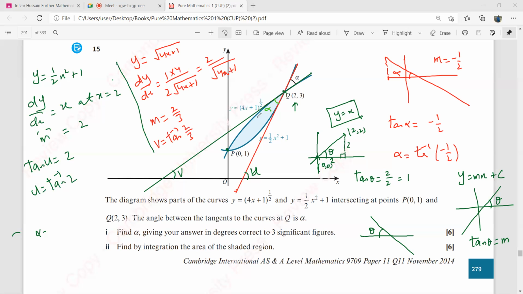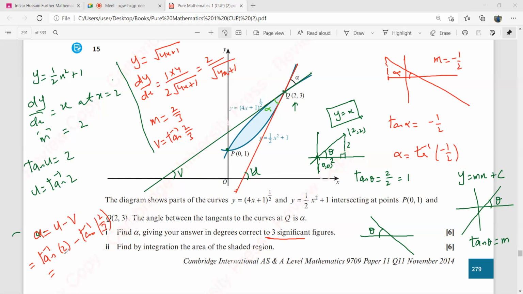We have already seen that this alpha is going to be u minus v, the bigger minus the smaller. Now you put this into your calculators, tan inverse of 2 minus tan inverse of 2 over 3, and give your answer correct to the required level of accuracy, 3 significant figures.